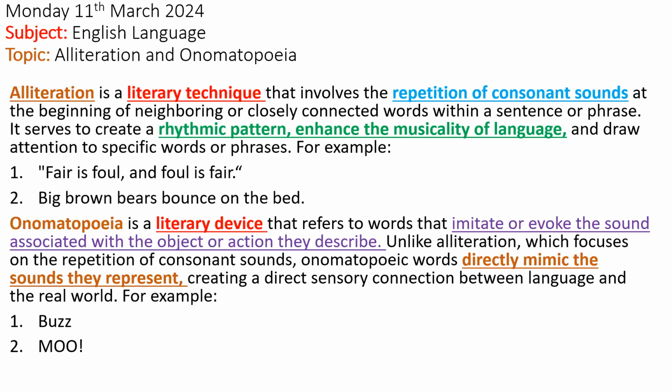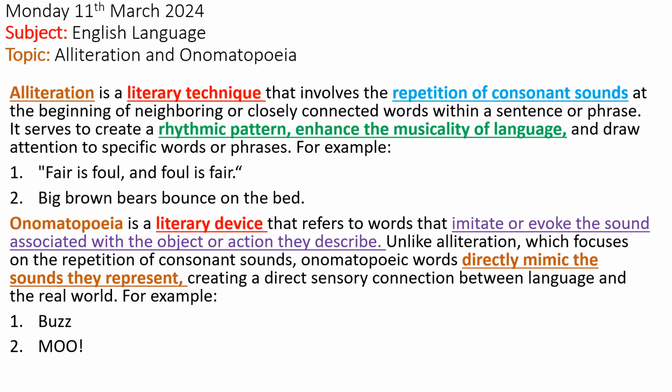Alliteration, Mr. Petit. Go ahead. Alliteration is using the same beginning letter of a word and repeating it to make it sound alike. Yeah, to make it sound alike and complete an actual sentence or phrase.